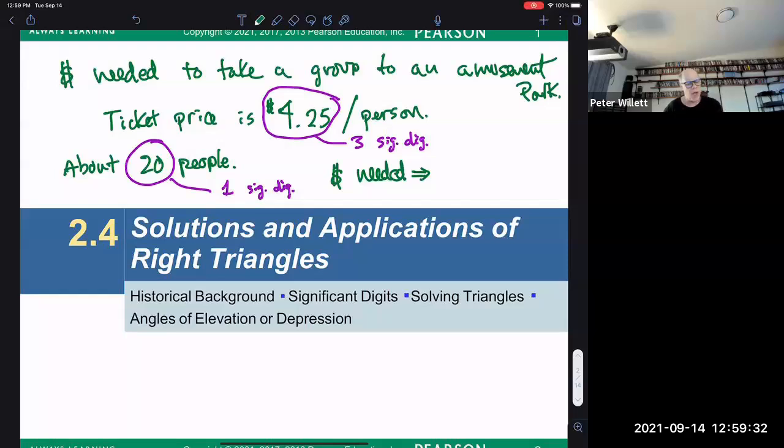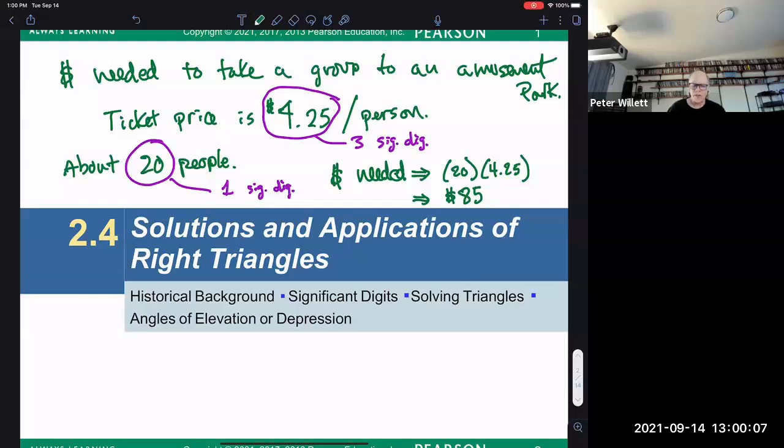If I multiply 20 people times a price of $4.25 per person, then I'm going to get $85. Now, that's $85 even, and the price of each ticket was down to the nearest penny.